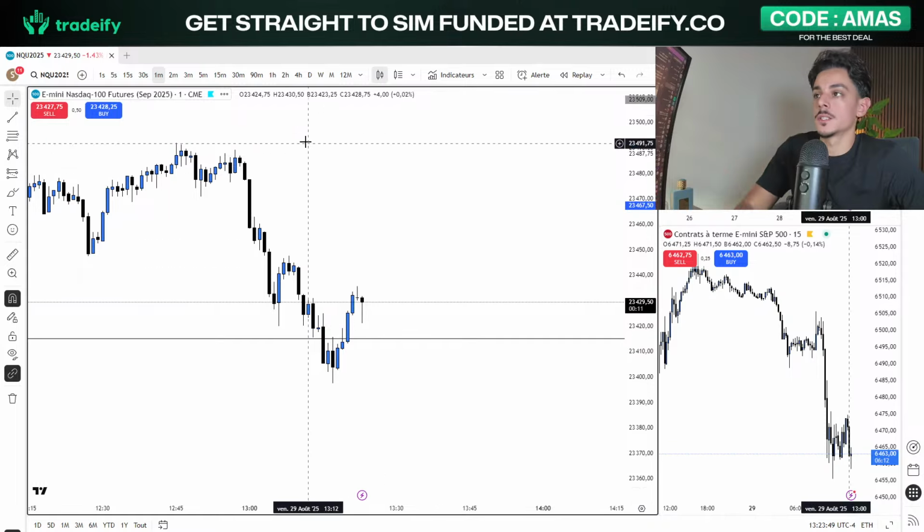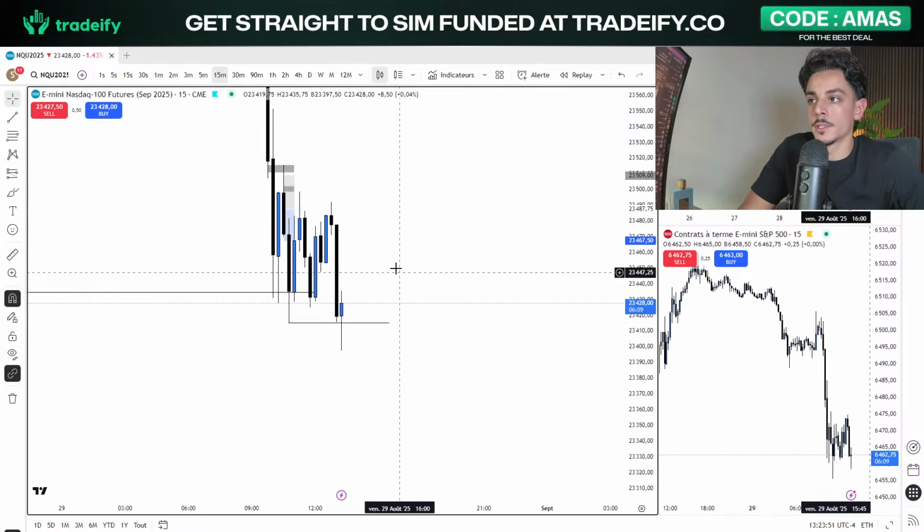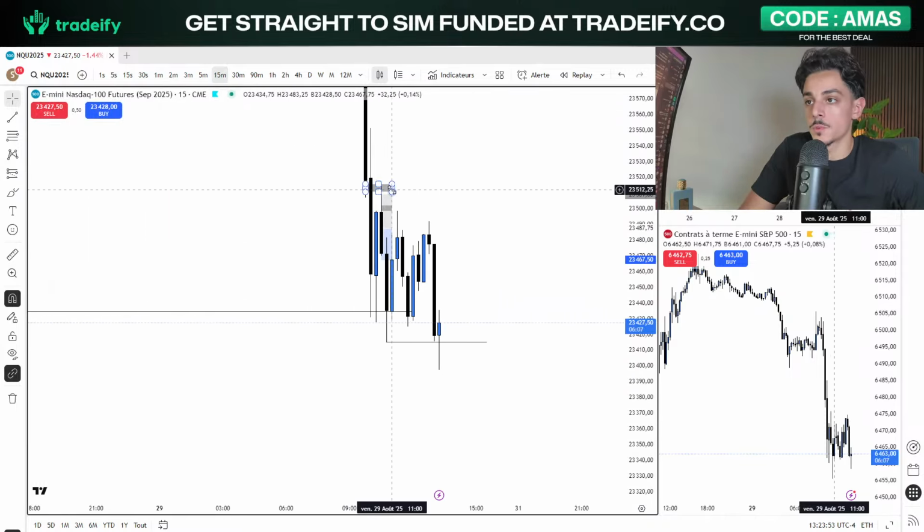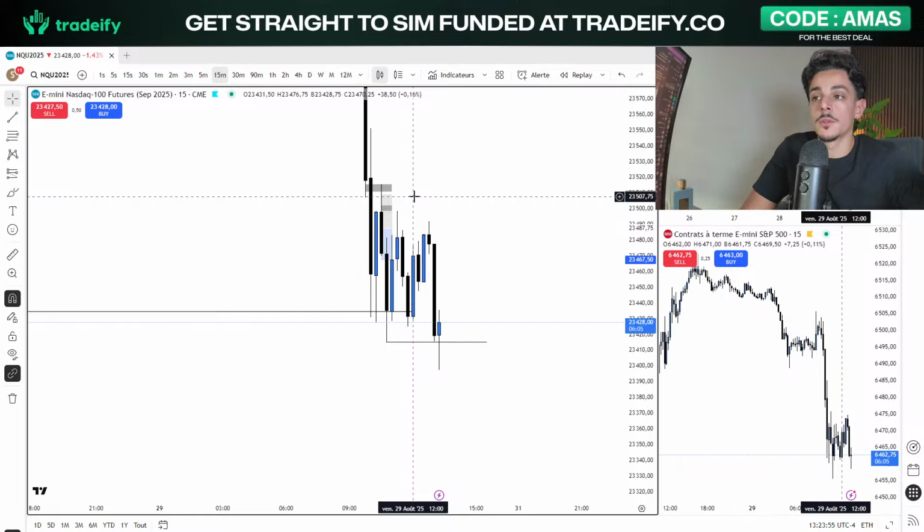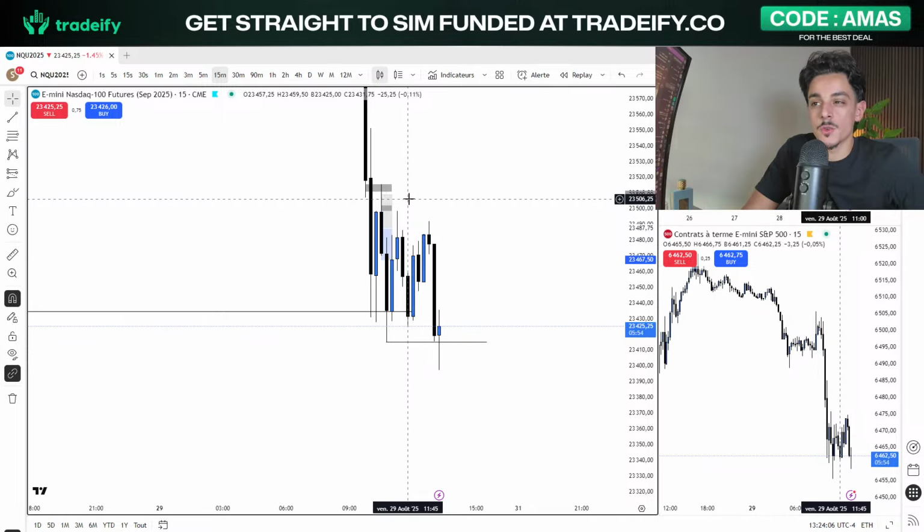So this is basically it, looking at the multiple opportunities we saw today by looking at fair value gaps, drawn liquidity. It's different than what most people trade, of course, but it has less discretion in it, and it's a little bit more powerful, I would say, because it's quick scalps.